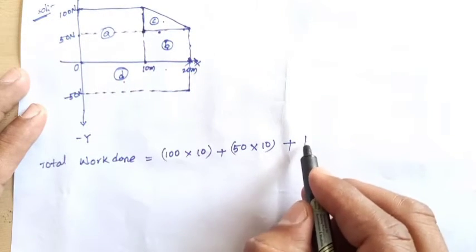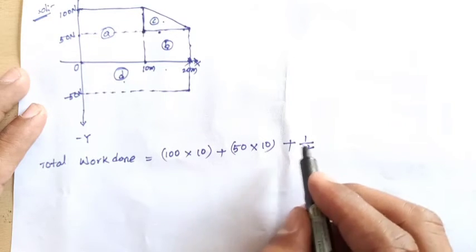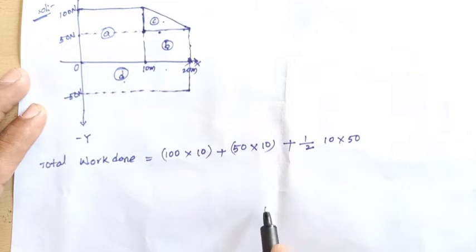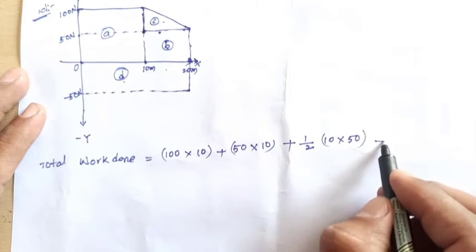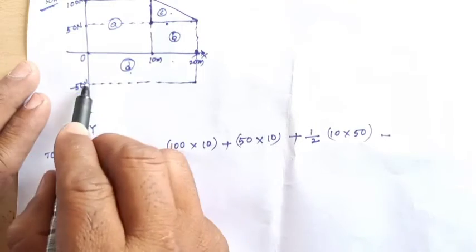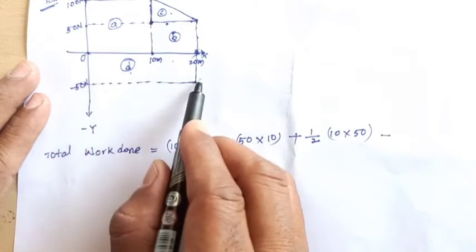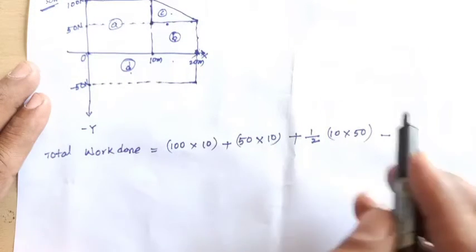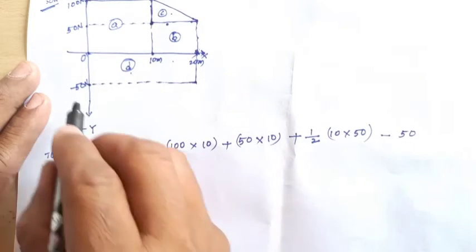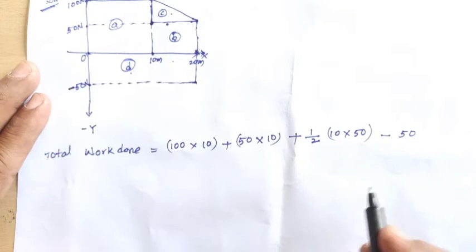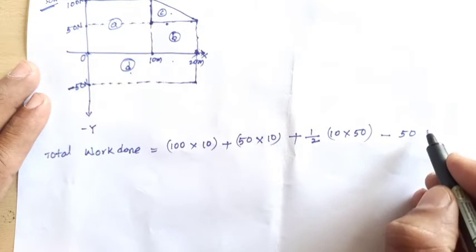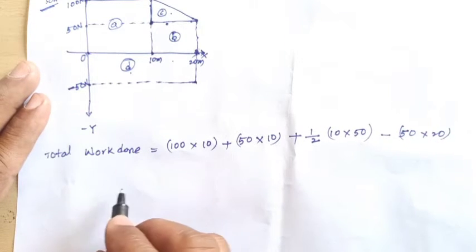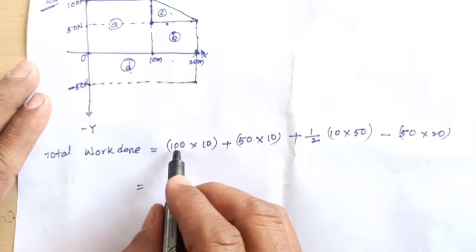So the area of the triangle is half into base 10 into 50, minus the area of this rectangular part, 50 into 20. Because the frictional force is negative, it is minus 50 into 20.